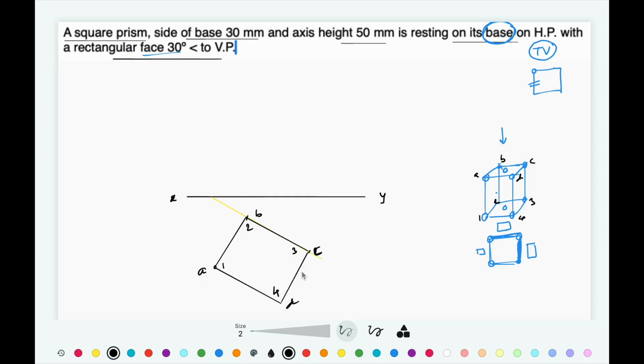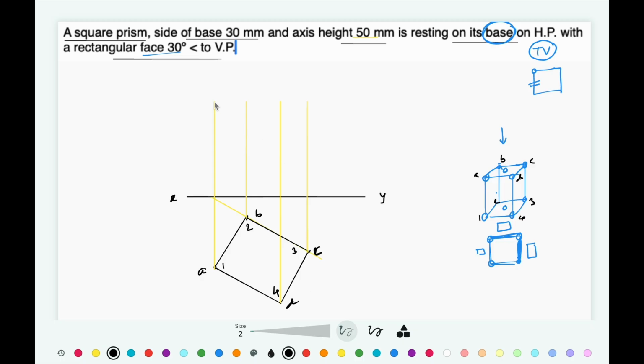One sequence ABCD and another one is 1 2 3 4. Now once you draw that square, then project it for the front view. What is the height of the solid? 50 mm.